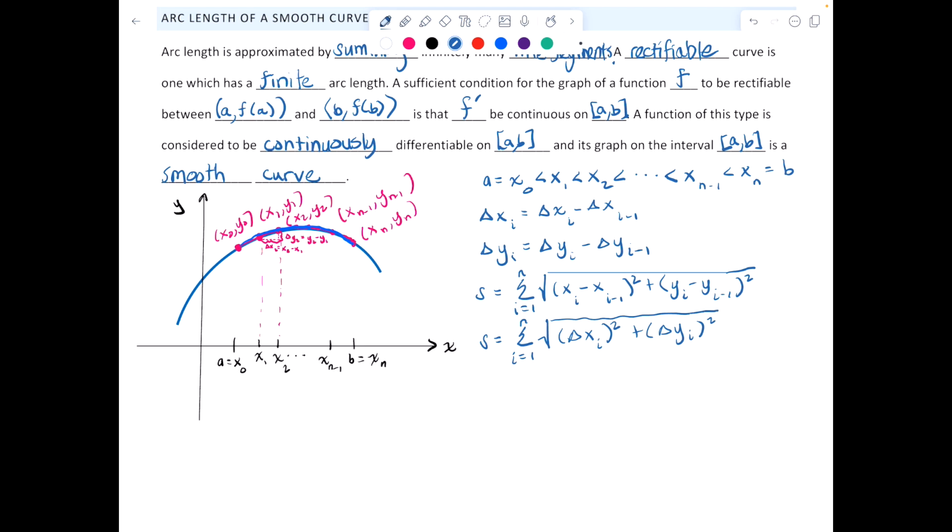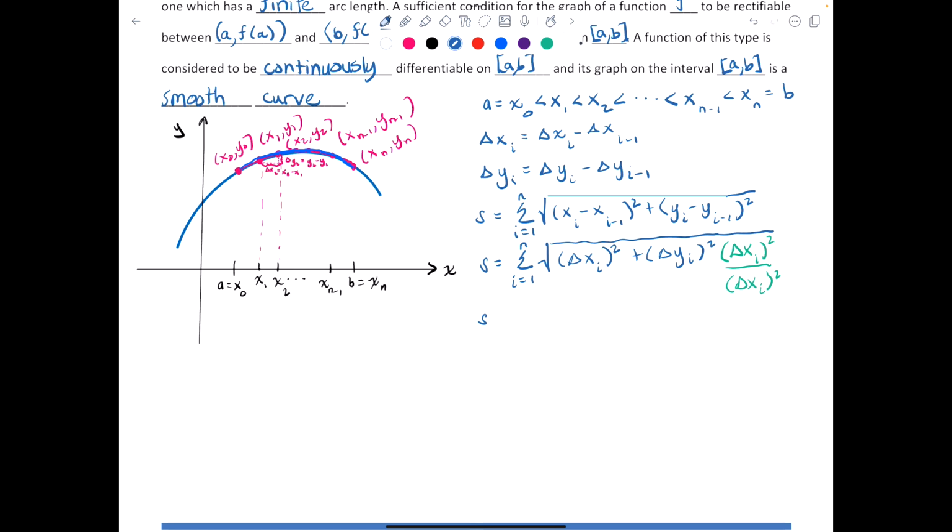Now we'll do a little bit of trickery. I'm going to extend this square root, and I'm going to multiply just the second term in the radicand by delta x_i squared over delta x_i squared.